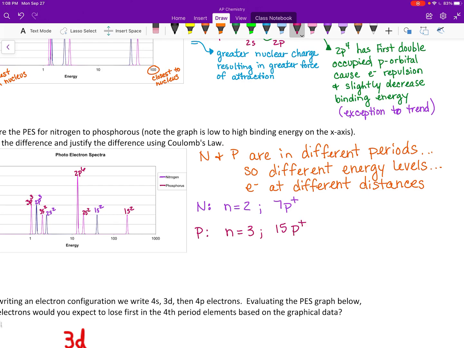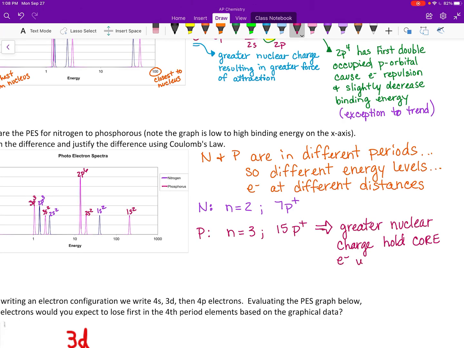Okay, so we have 15 protons and what we're seeing is that there's a greater attractive force, so greater nuclear charge, holds those core electrons with greater force.